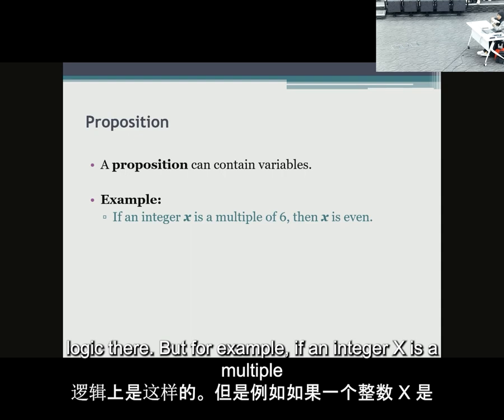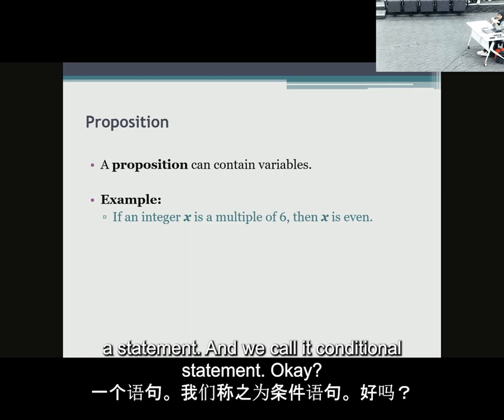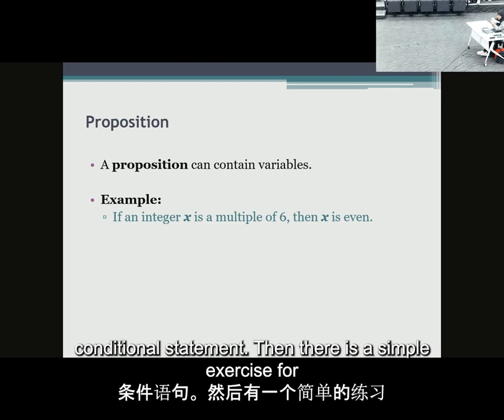But for example, if an integer x is a multiple of 6, then x is even. This is also a type of proposition or a statement, and we call it a conditional statement. If and then, it is known as a conditional statement.